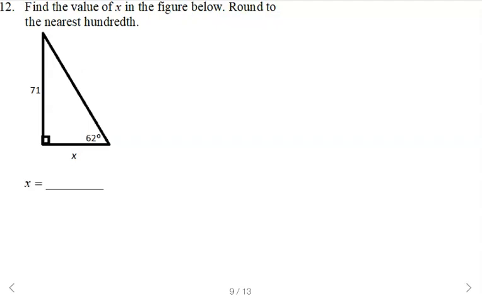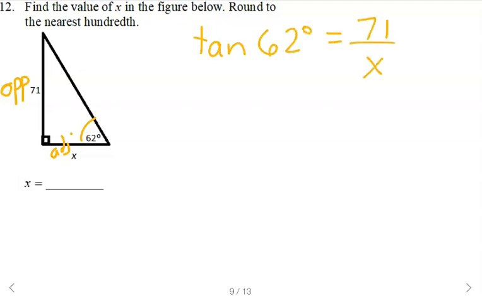Here we have this angle 62 degrees, and then we have this side, which is the opposite leg, and this one, which is the adjacent leg to that angle. Trig ratio that uses opposite over adjacent is tangent, so we can say the tangent of 62 degrees equals opposite over adjacent.